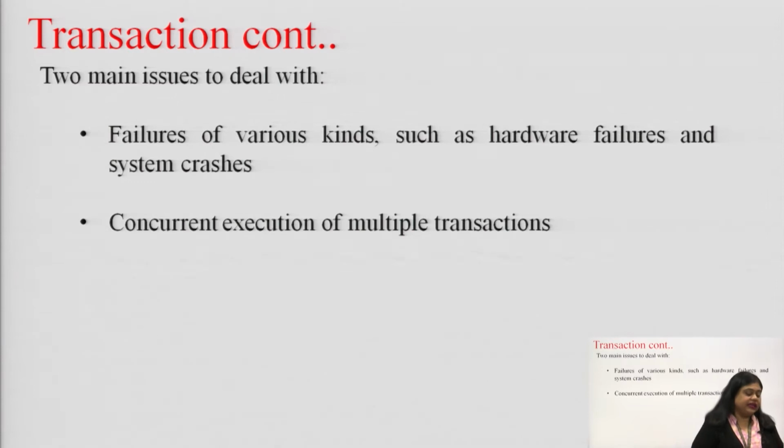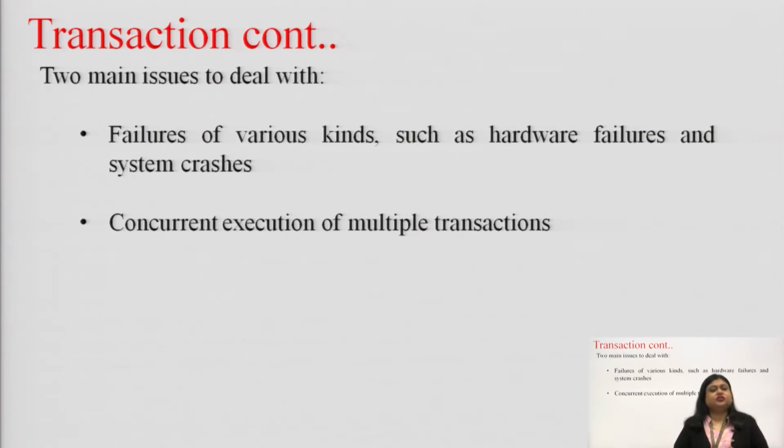The second issue that we have with databases and transactions is the concurrent execution of multiple transactions. We all know that right now we are in the era of multiprocessing. It is not possible that we process only one transaction while all the resources and all the other transactions are waiting for the first transaction to complete.